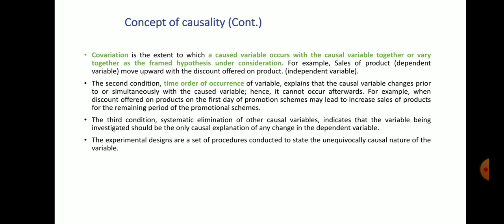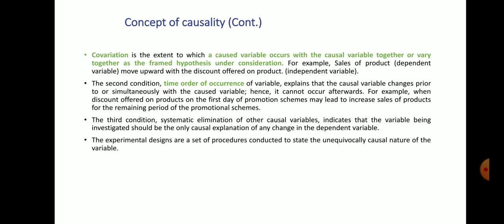Third, systematic elimination of the causal variable, which helps the researcher to focus on one particular variable that explains the change in the dependent variable, like age. Again, teenager or a senior citizen or a super senior citizen.